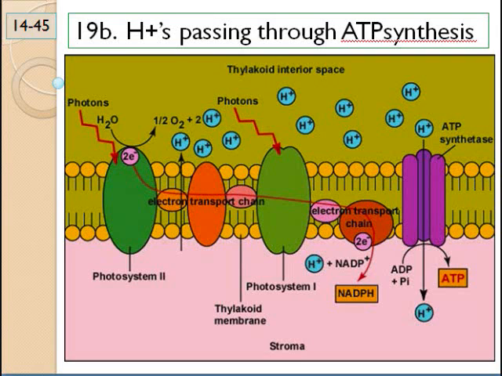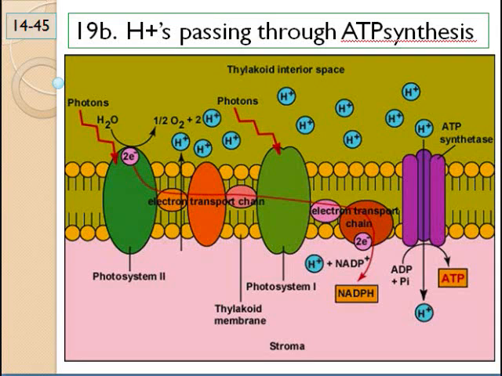Okay, this is released. Now, this is inside the thylakoid. This is outside. This is inside, because these H's are actually inside. The electrons travel through the membrane. But now, all these H's, they stay out here. Now, remember that.